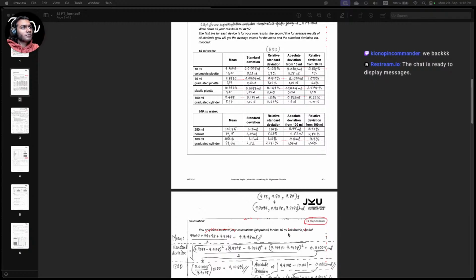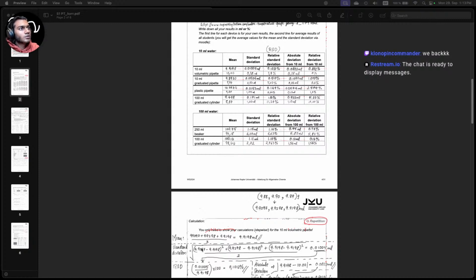Mean is the sum of all the volumes divided by the number of experiments or number of samples. Standard deviation is the square of the lowest value, right? 9097, yeah, that's the lowest.